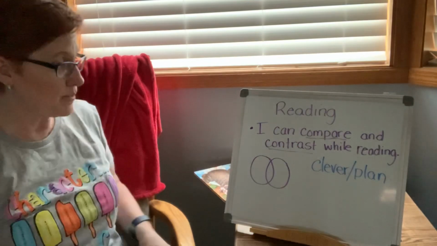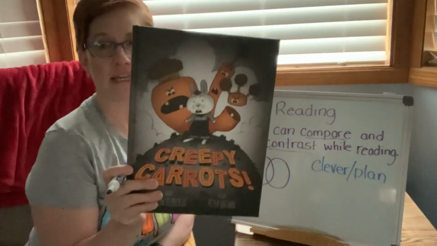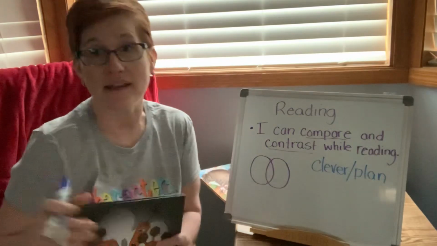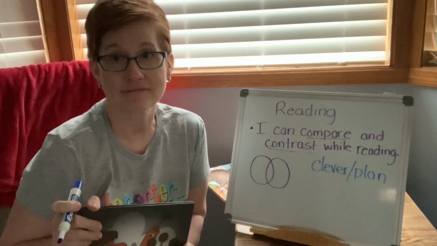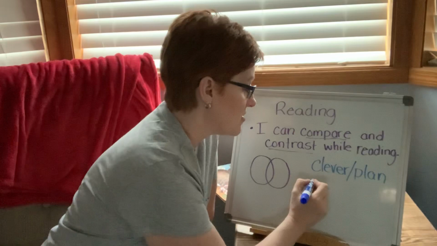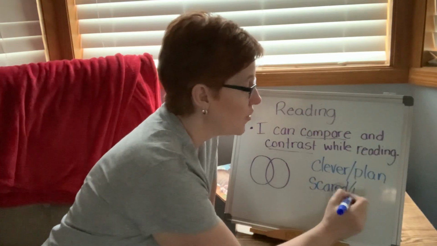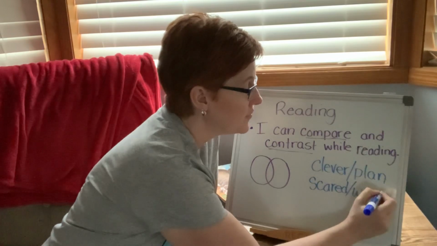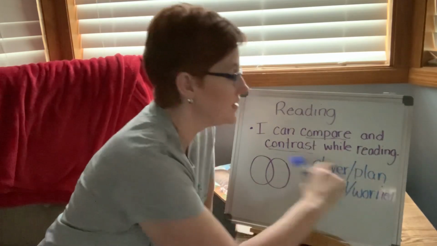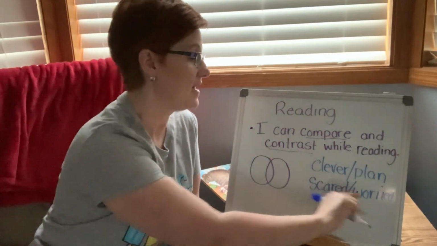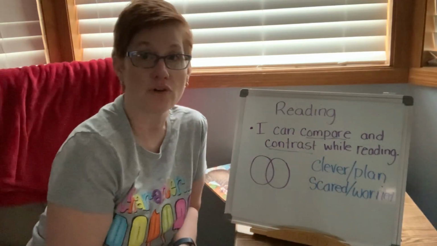Instead, Jasper, during most of the story, we wouldn't necessarily say he was clever or smart. He was what during most of the story? Scared or worried, okay? So there's a difference right there. One, in the story, the rabbit was clever and good about planning, and the other was that he was scared and worried.